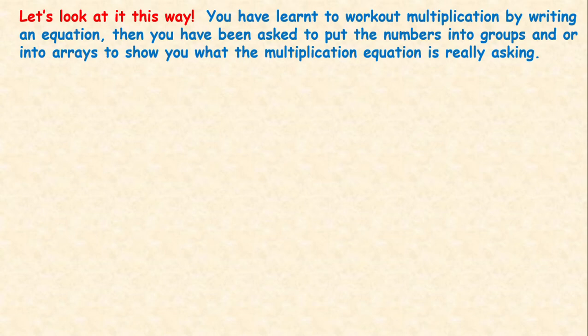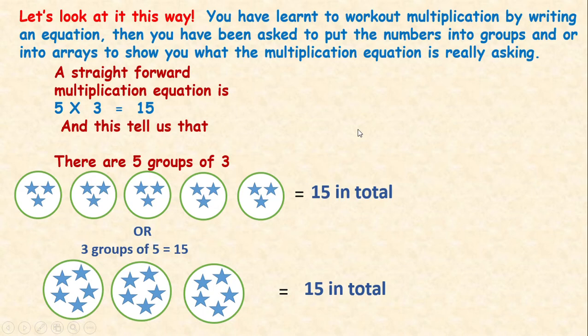Look at it this way. You have learned to work out multiplication by writing an equation. Then you have been asked to put the numbers into arrays or into groups to show you what the multiplication equation is really asking.